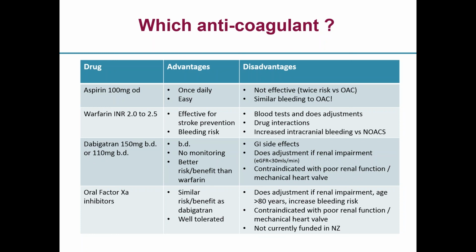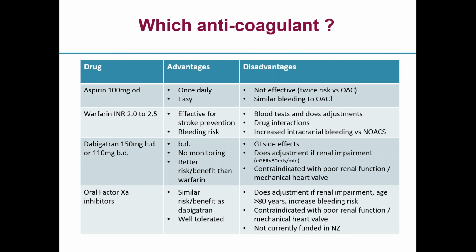And then finally, we've got the oral factor Xa inhibitors like apixaban and rivaroxaban, and they overall have a very similar risk-benefit ratio as Dabigatran, and they generally have the advantage of being pretty well tolerated. In fact, they don't have the GI side effects of Dabigatran or Pradaxa, which is an advantage.